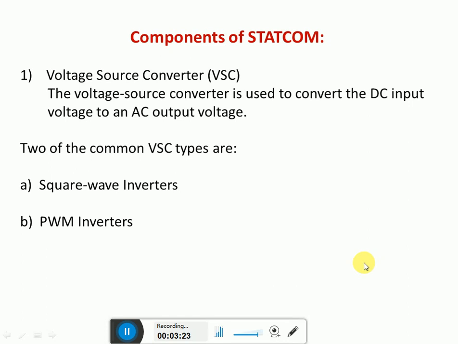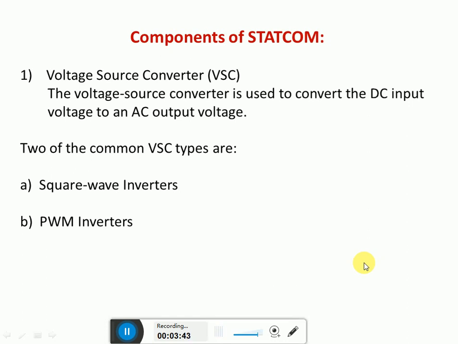Now basically the common types of VSCs or voltage source converters are the square wave inverter or the PWM inverter. Now what is a square wave inverter?